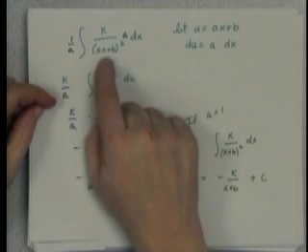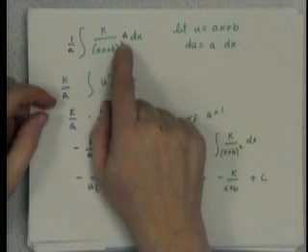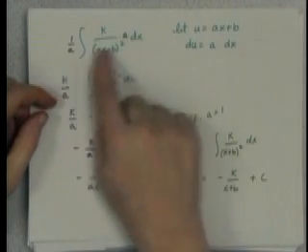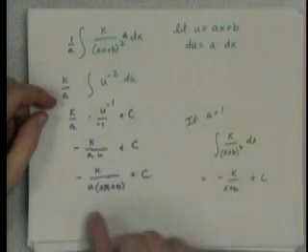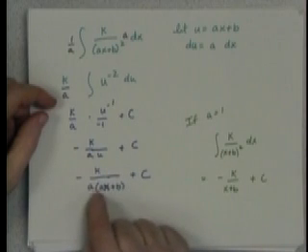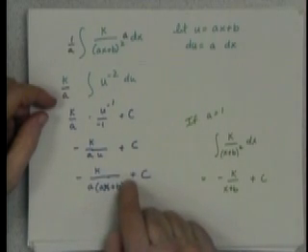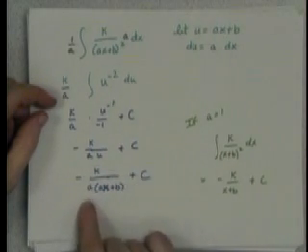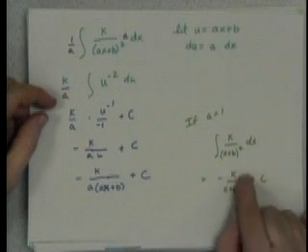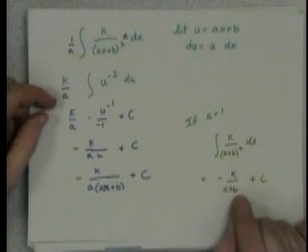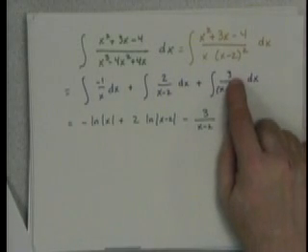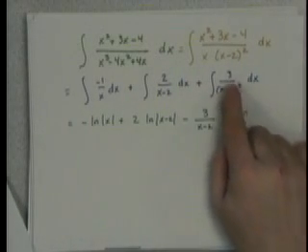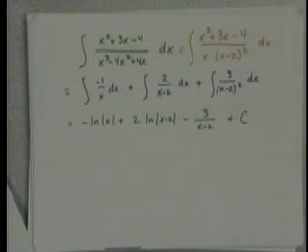So if I have something over a linear term squared, the k over a is the coefficient on x, and k is the constant on top. I end up with negative k over a times the linear term just to the first power. In a special case where a equals 1, it's just negative k over x plus b. So in this case, k is 3, and so it becomes negative 3 over x minus 2.